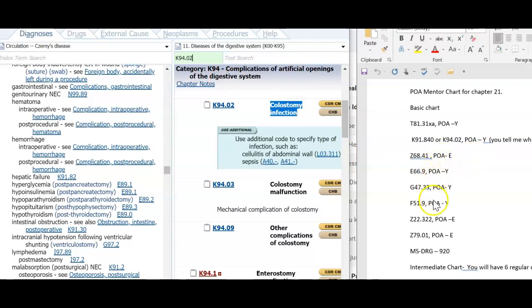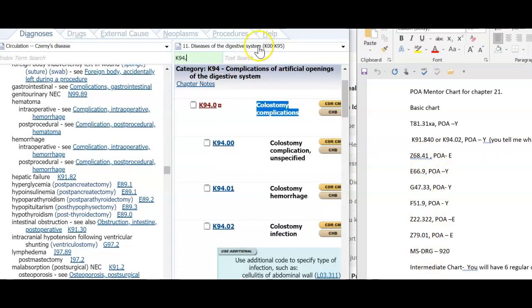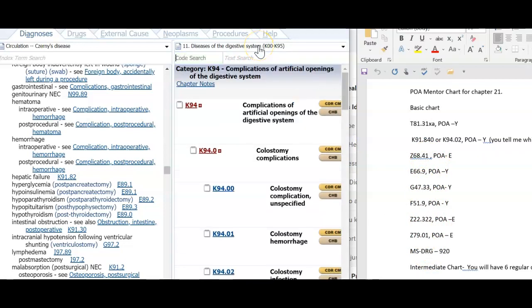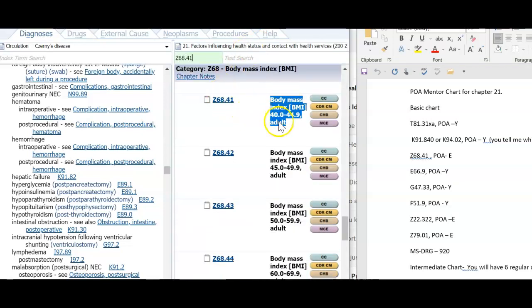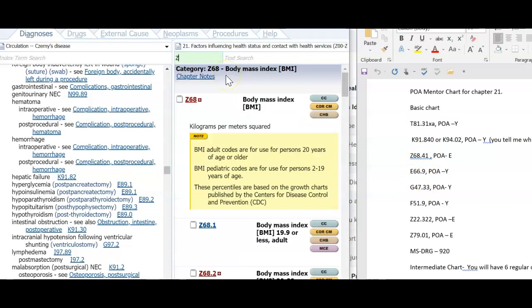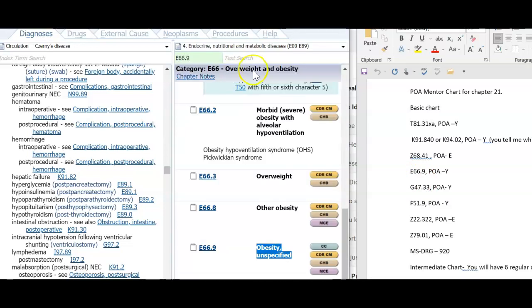All right, so then we get into just our secondary diagnosis codes. So let's go ahead and go through them and see what we actually need. The first one, okay, the patient is obese, so we have a body mass index. So I should have an obese code here along with that, E66.9. That's going to be my obesity code.